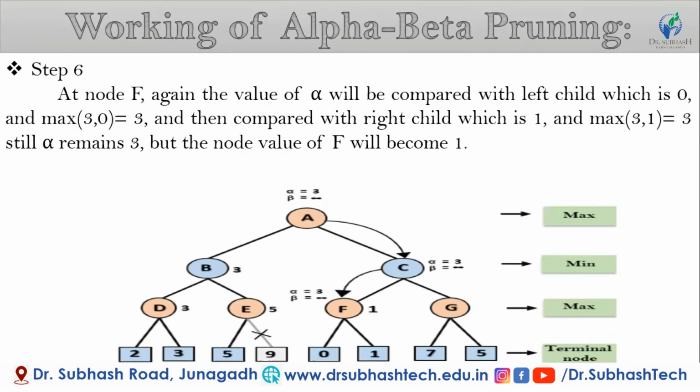The maximum value is 3, and then it is compared with the right child, which is 1, so max of 3, 1. So we select the maximum value 3. Alpha is still 3, but the node value of F will become 1.